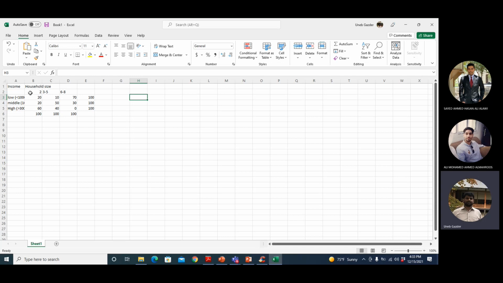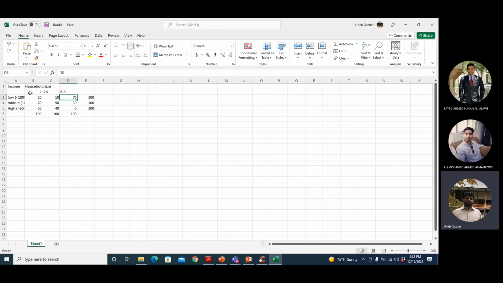So the percentage of households with low income should be approximately equal to the percentage of households with middle income and the percentage of households with high income. Similarly, the percentage of households with 2 people should be the same as 3 to 5 people, and the same as 6 to 8 people.